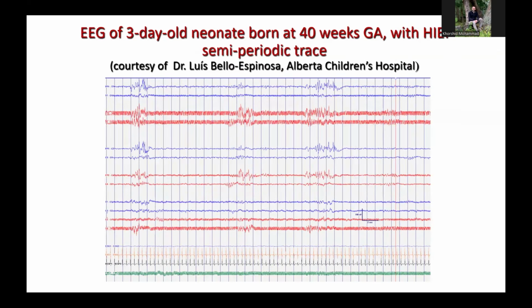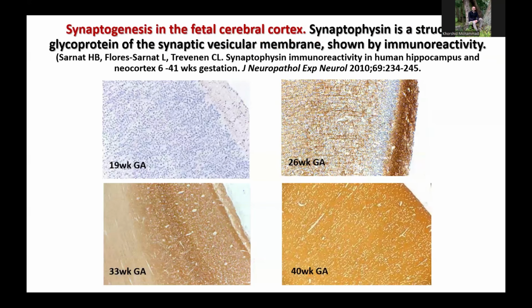And here's an EEG of a 3-day-old neonate born at term who has hypoxic ischemic encephalopathy. And you see there are semi-periodic bursts of activity and very low voltage activity in between. So why do you see this pattern?